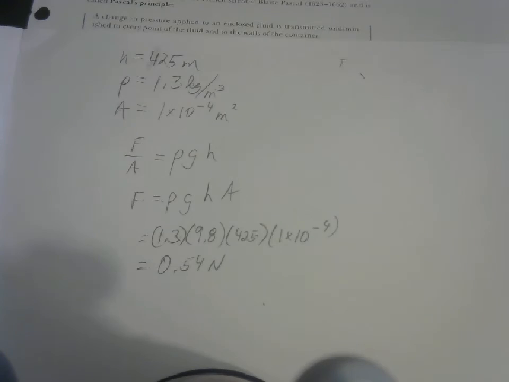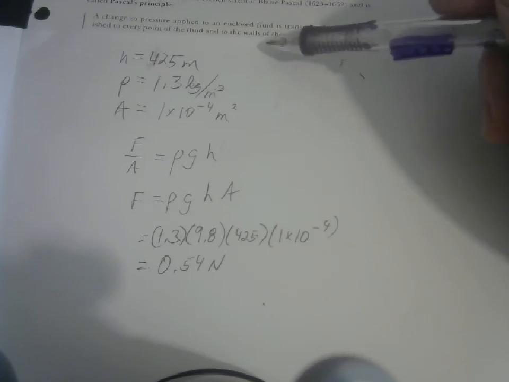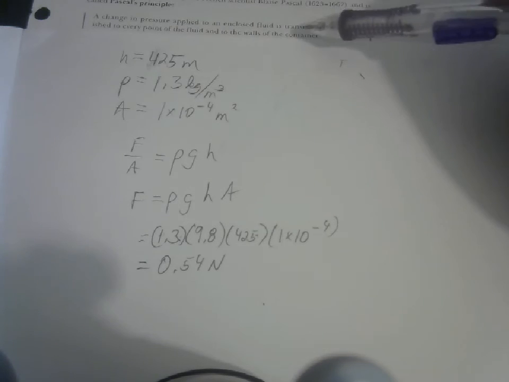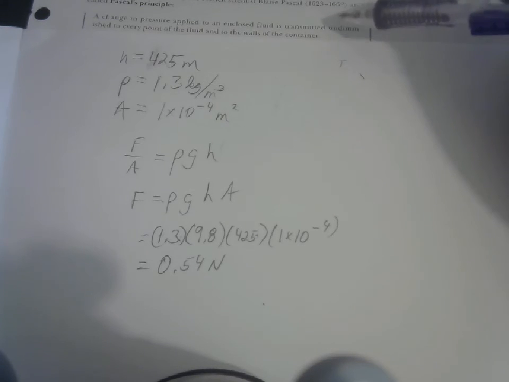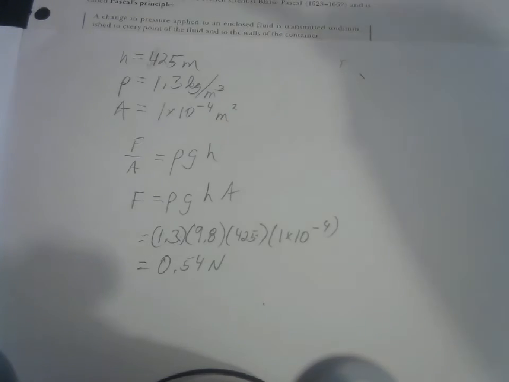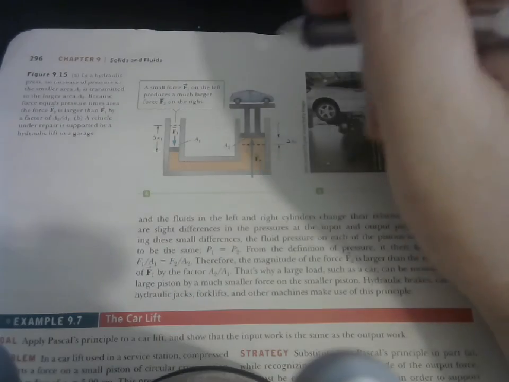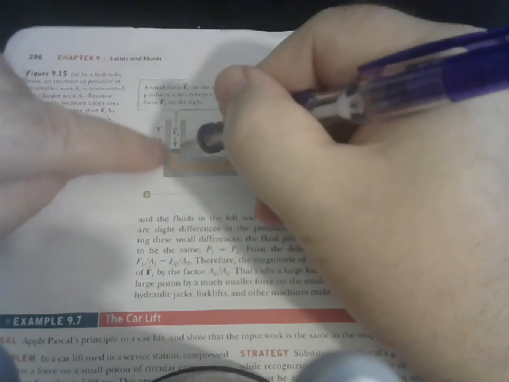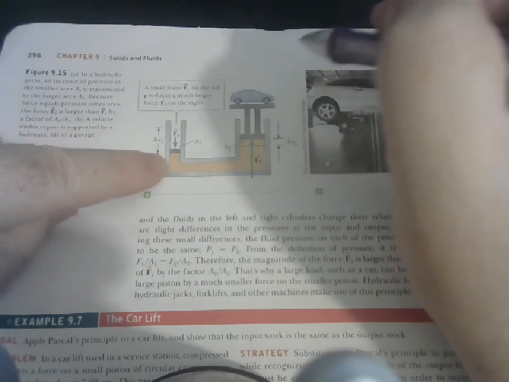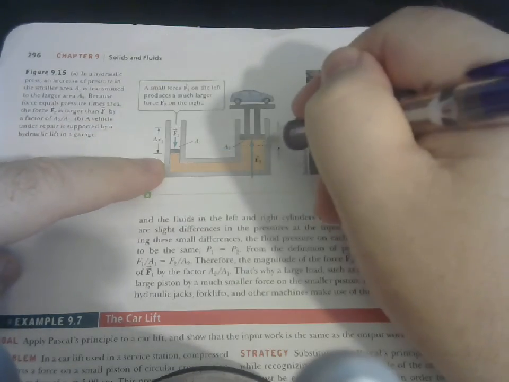So let's talk about Pascal's principle for a second. It says that a change in pressure applied to an enclosed fluid is transmitted undiminished to every point of the fluid and to the walls of the container. So this is particularly useful in hydraulics. If I push this piston down, while that section has lowered, it has raised this.